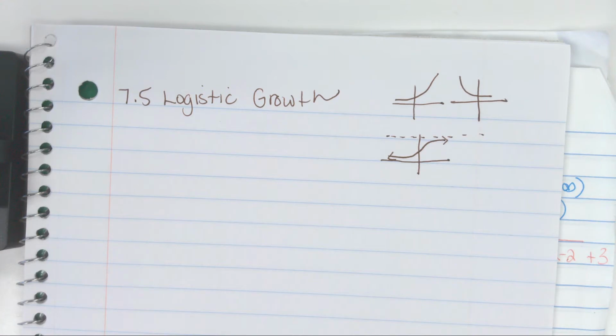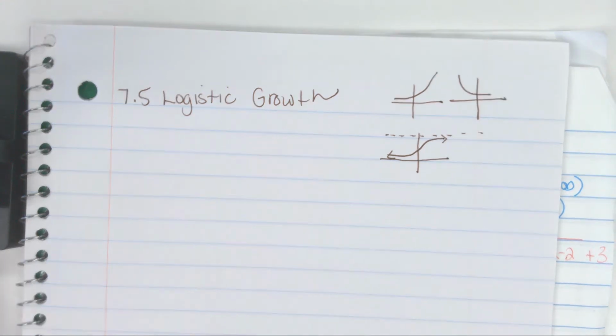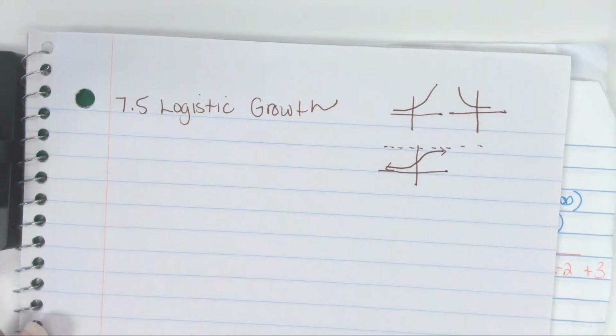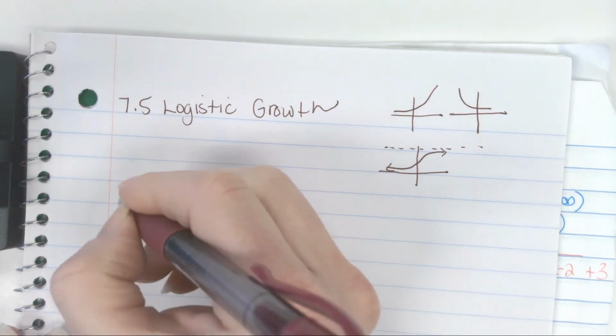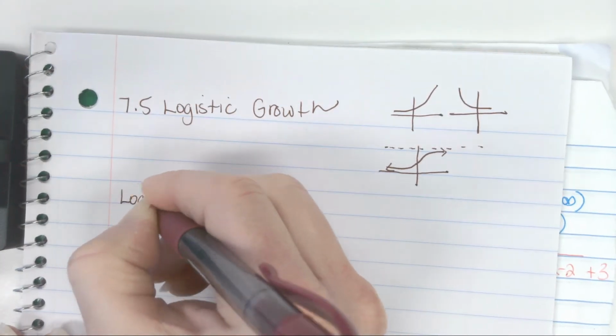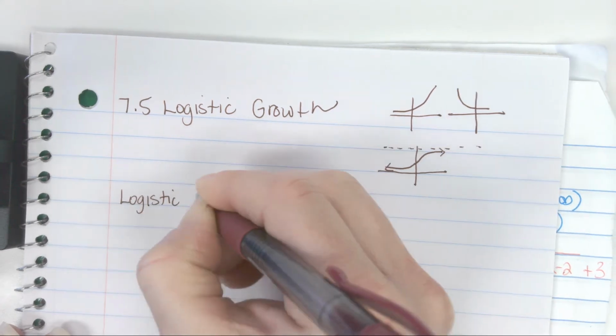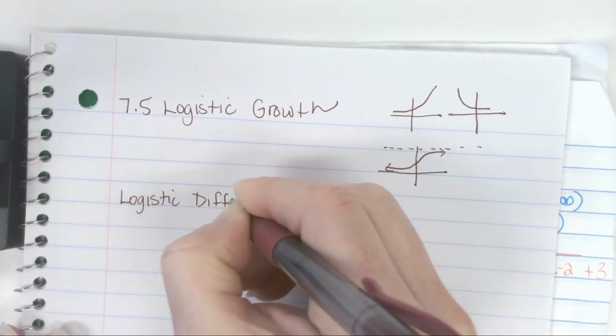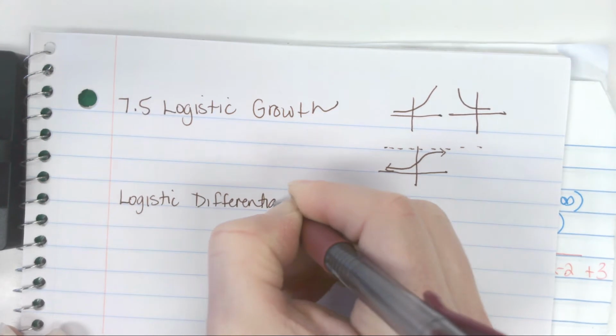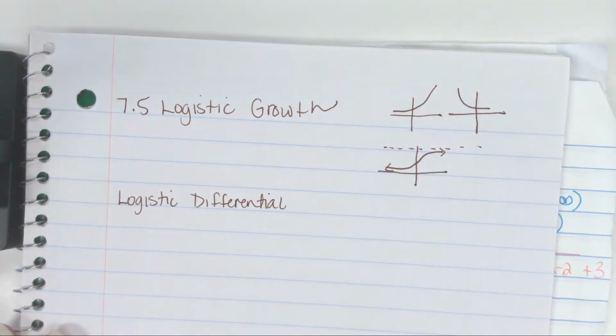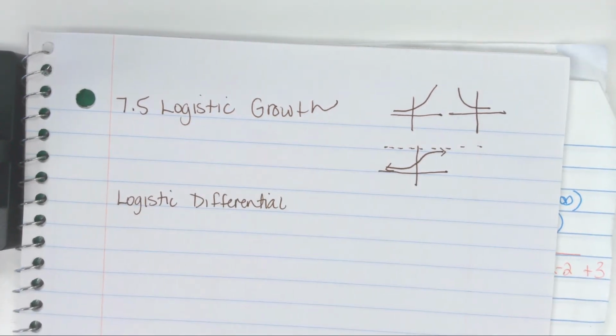Its differential is a little bit different, so what I'm going to have us do is write it down. Like I said before, this one you don't need to memorize. I'm going to write it in terms of P, because typically we're going to use it to model populations.